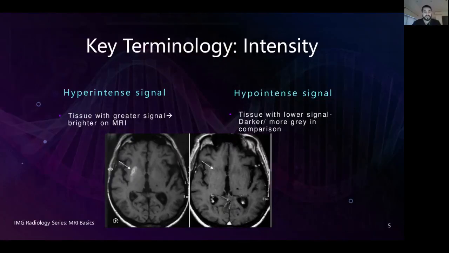So if you're looking for specific pathologies and you want to differentiate between different types of tissues, understanding the type of signal that's being given off is important. You can also use other techniques to enhance particular signals, but we'll talk about that a little bit later on.